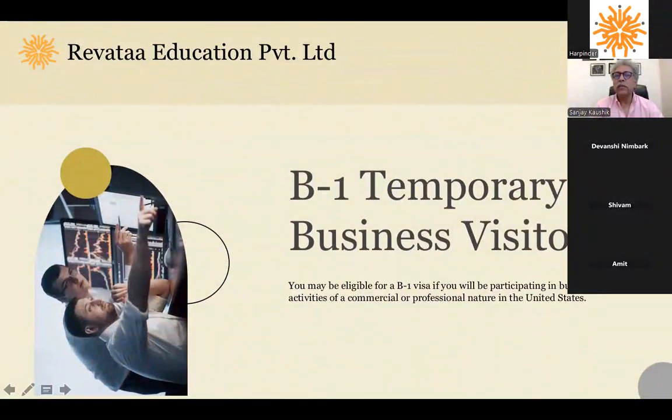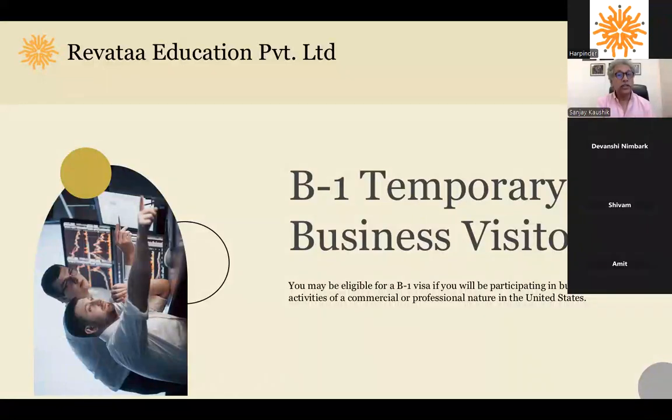Now, like I said in the beginning, a B1 is a temporary business visitor. Anyone who's going there for a purpose, which could be a rotation, which could be a seminar, which could be any professional engagement, or meeting anyone, that's business. So when you're applying for a visa, when you're choosing your visa category, it has to be a B1 primarily, right?